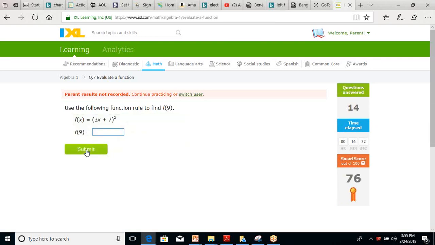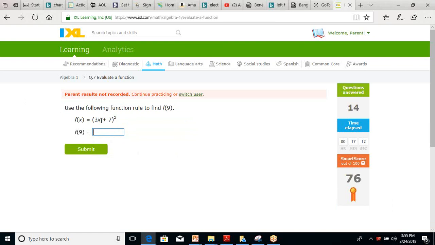So essentially, a function allows you to make a graphical representation of whatever you want to do. But this value we call y is going to vary with x in a specific manner. That is (3x plus 7) squared. So if x is 9, you just substitute. So f(9), you substitute x for 9.